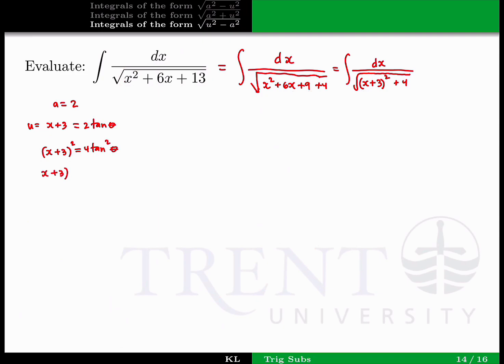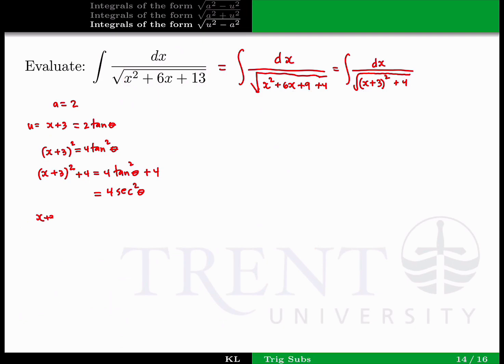X plus 3 squared plus 4. This will be 4 tangent squared theta plus 4. And again, we skip the factoring. We'll just write this as 4 secant squared theta. You take the square root, you will have 2 secant theta in the denominator.